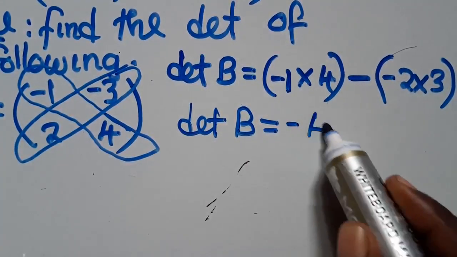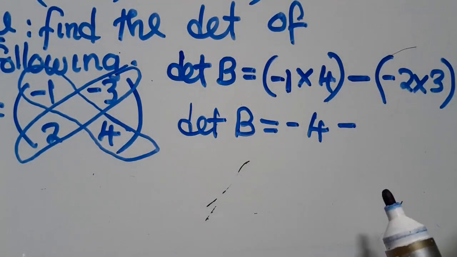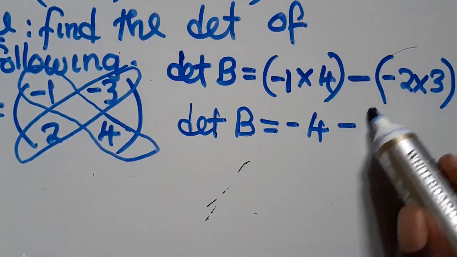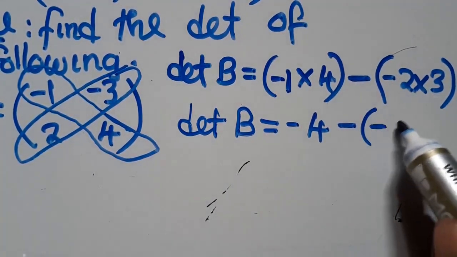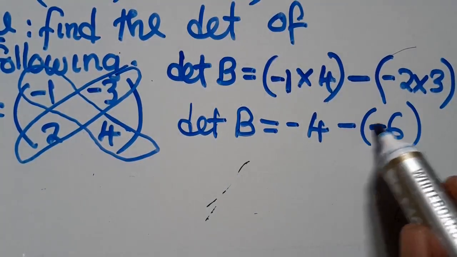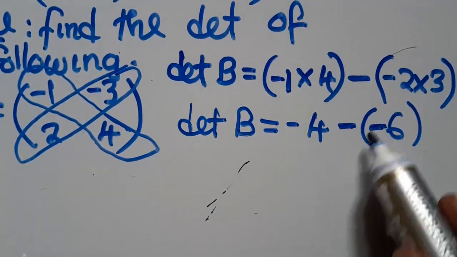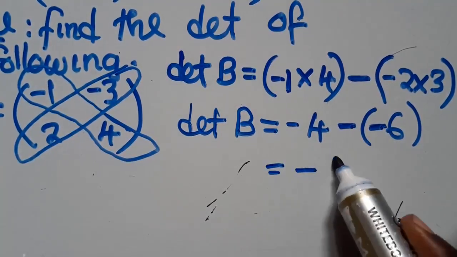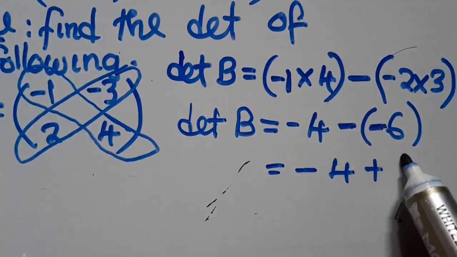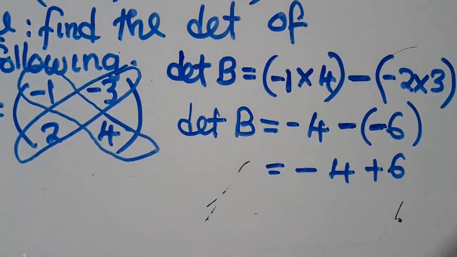You get -4. You say minus, open bracket, here you are going to get -6. Have you seen there is negative? So negative times negative, it's positive. So -4 plus 6.